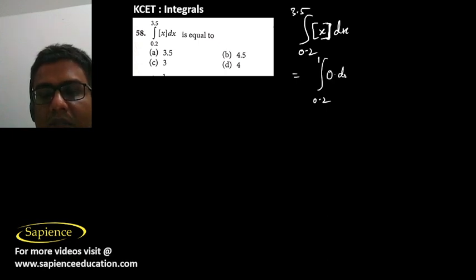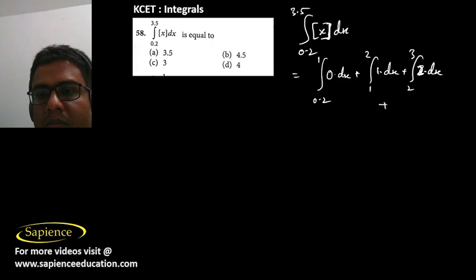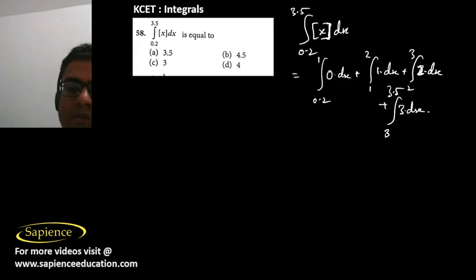This is 0 into dx, plus from 1 to 2 it is 1 dx, plus from 2 to 3 it is 2 dx, plus the integral from 3 to 3.5 is 3 dx. This part will become 0.